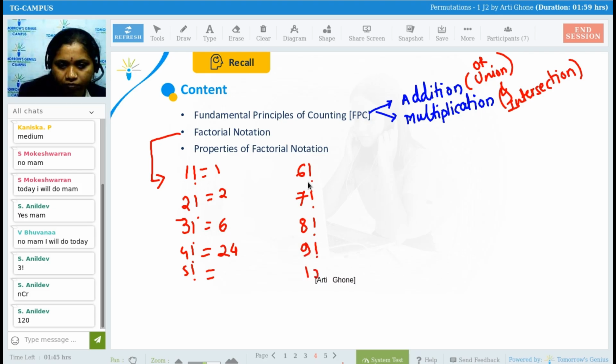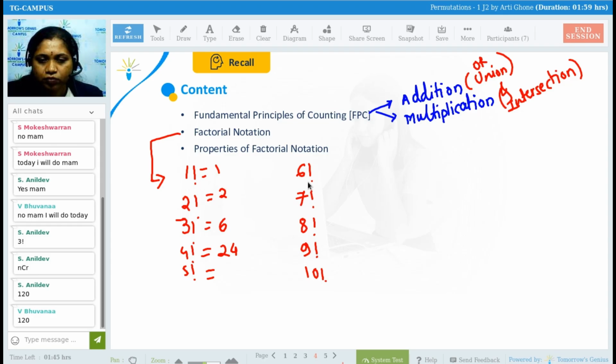Up to 10, you are supposed to do the calculations.